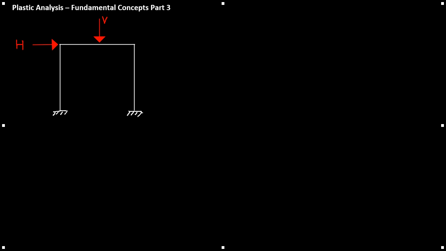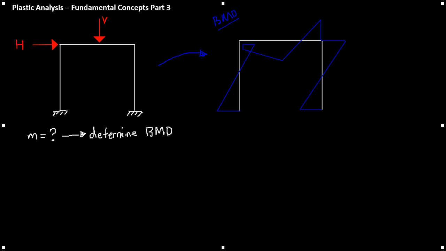So, starting with m, the number of possible hinges. The key to determining this is the bending moment diagram. So, we need to think about the bending moment diagram for this structure, and then we know that hinges can occur at, or do occur at, the points of maximum bending moment.